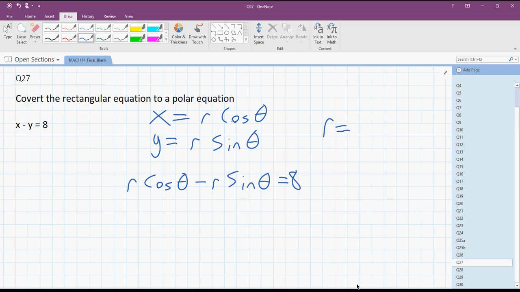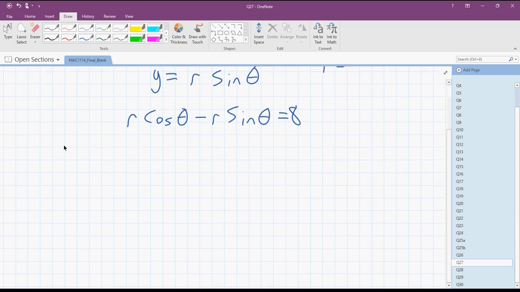So what are we going to do to start getting r by itself? Okay, because both of these have r in common, right? We don't divide yet. There you go. Take the r out. It's like a GCF. Pull the r out of these two. That will give you r times cosine theta minus sine theta equal to 8.